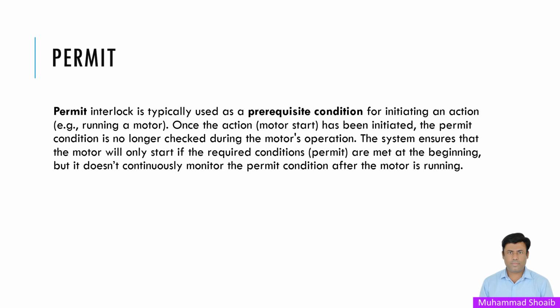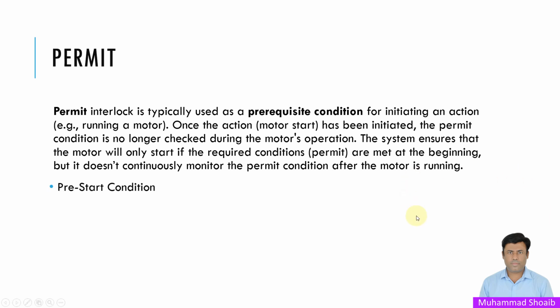The system ensures that the motor will only start if the required conditions are met at the beginning, but it does not continuously monitor the permit condition after the motor is running.